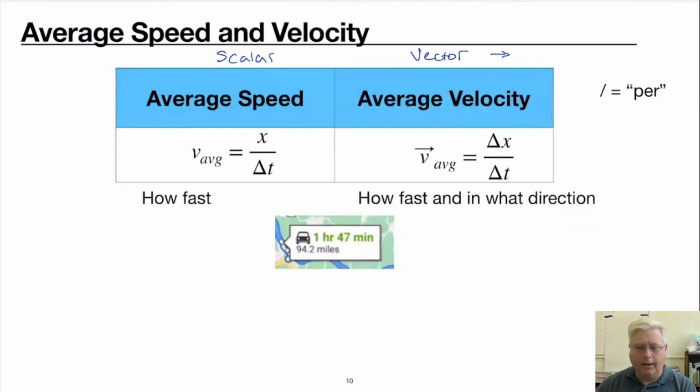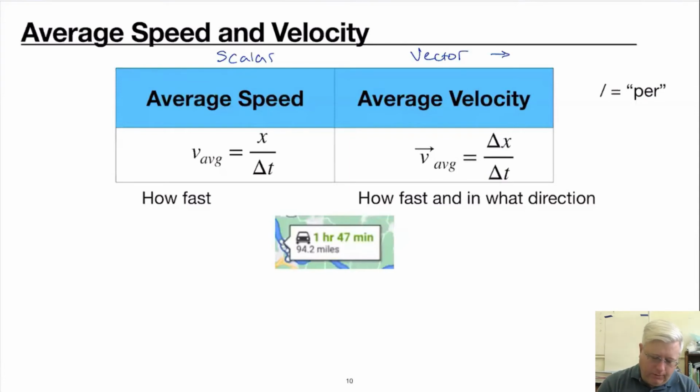You'll see that often in the book, especially for some problems. It's not necessary to do, but it often helps to make the distinction that it is a vector quantity and not a scalar. And so there's a difference between the average speed it might take to get to Boston and the average velocity it takes to get there.